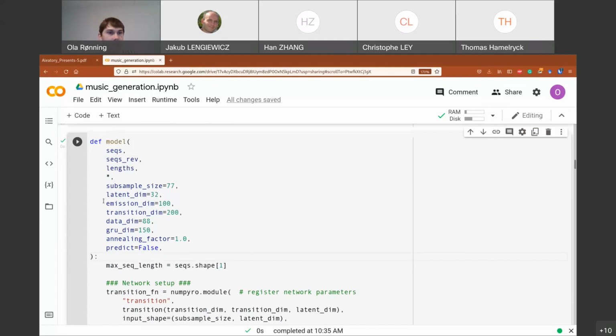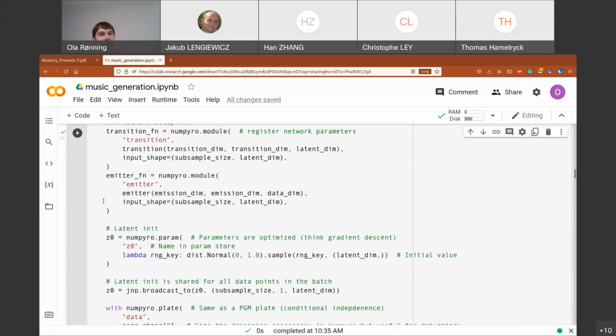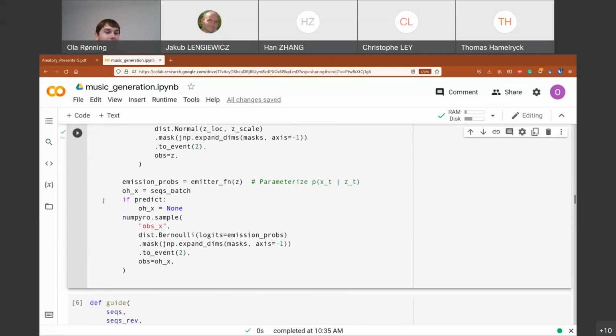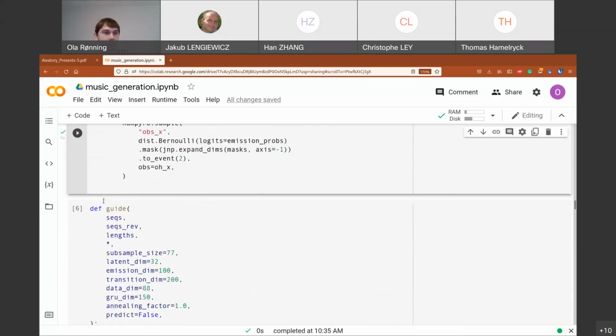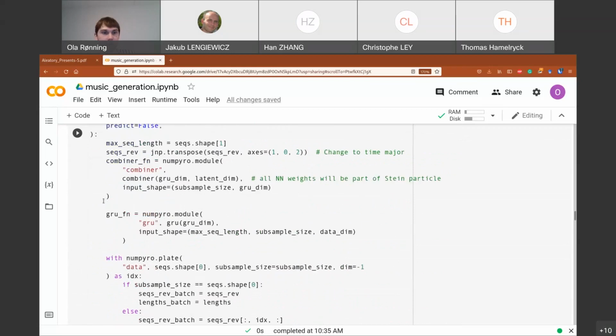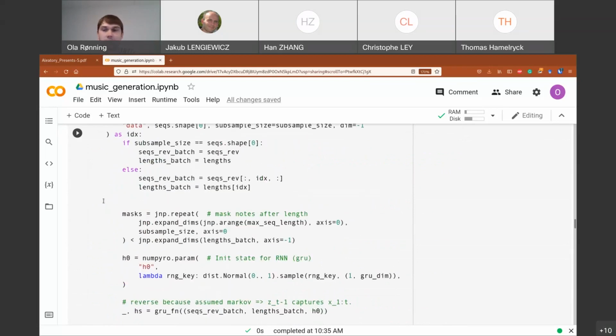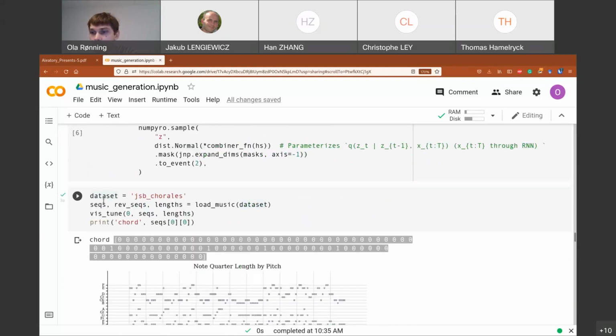Now, in the interest of time, I'm just going to skip over this part of the model and the guide. If you're interested, we can talk about it either during questions or offline at some point, and just show you the data set.